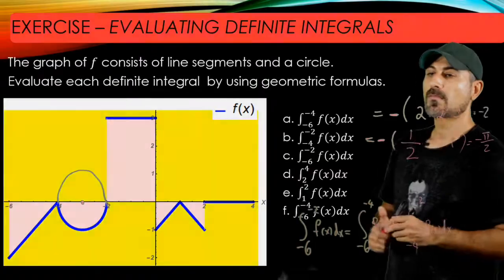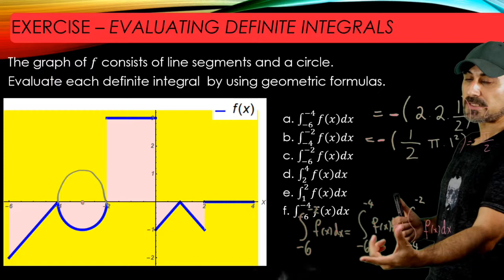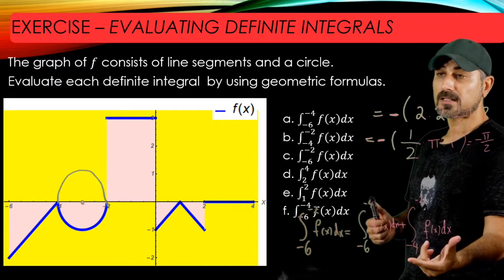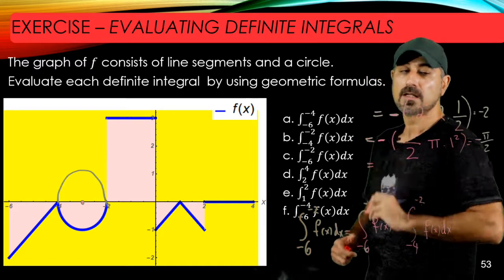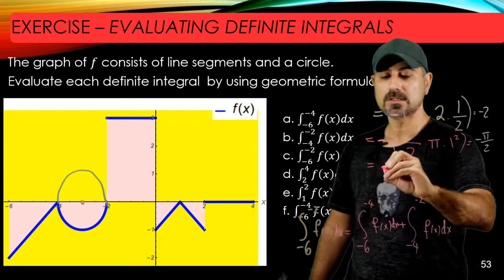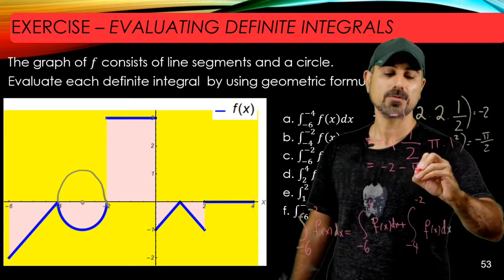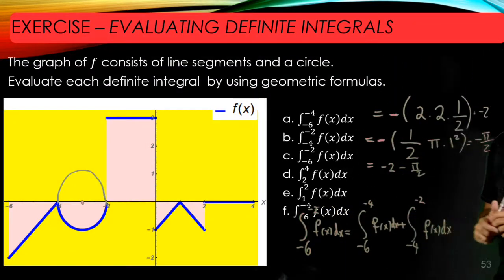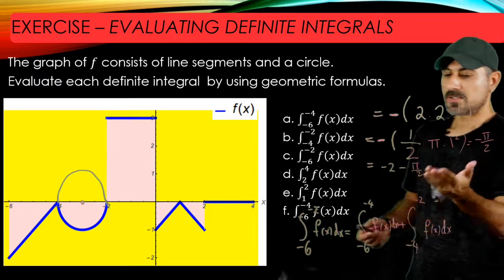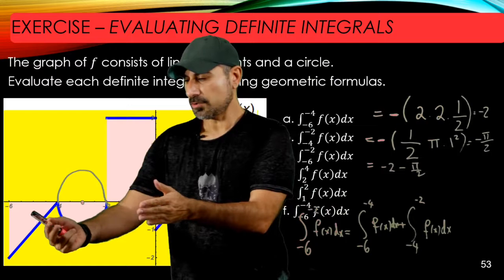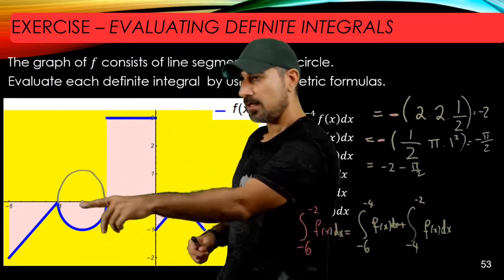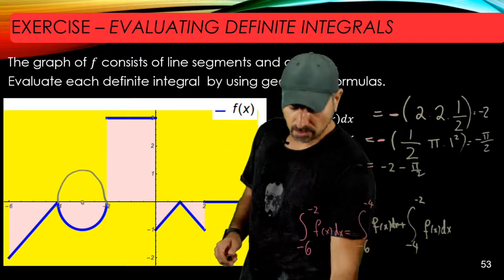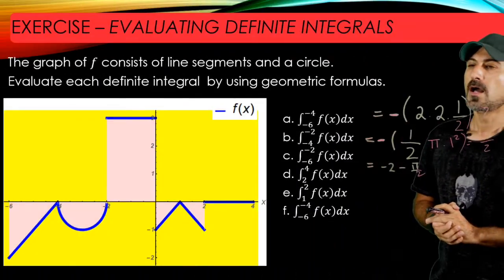This in fact comes out of part A, and this comes out of part B, so we're just going to add these two numbers, so it's going to be -2 minus pi/2. Or you can just use the same idea I just told you: the negative of the sum of the areas, the triangle and the half circle, would be the answer.